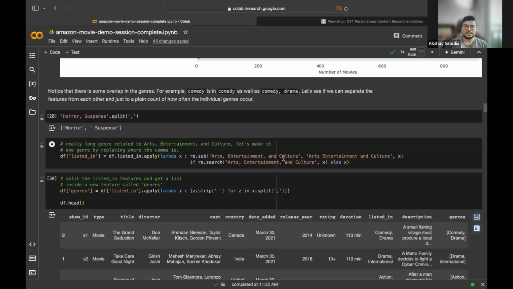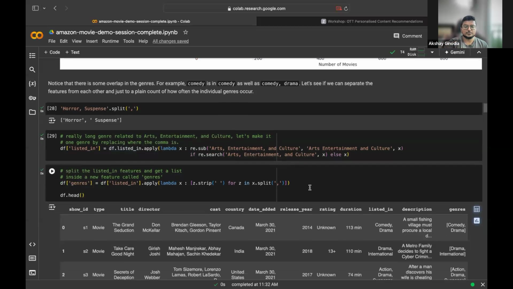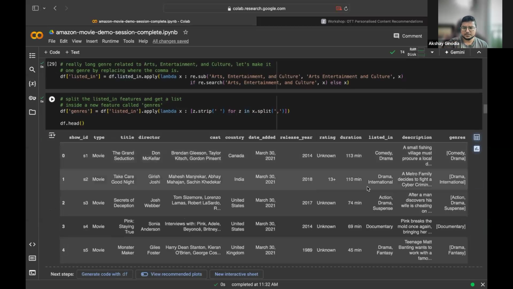So we want to segregate that as a special category and not split it up, and everything else we are going to split up. We are segregating it by applying a function. Apply is a way to apply a function on a particular column of a data frame, which is listed in. This contains a genre, and we are searching for this and creating a separate category out of it. Let's see, do we have anything here?